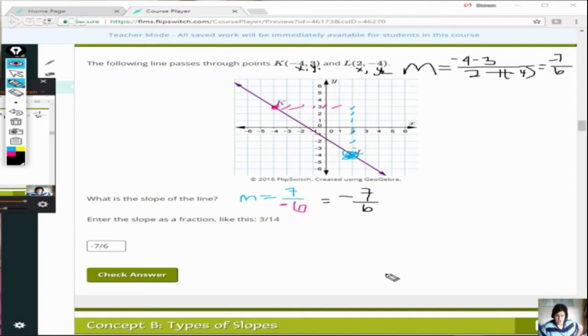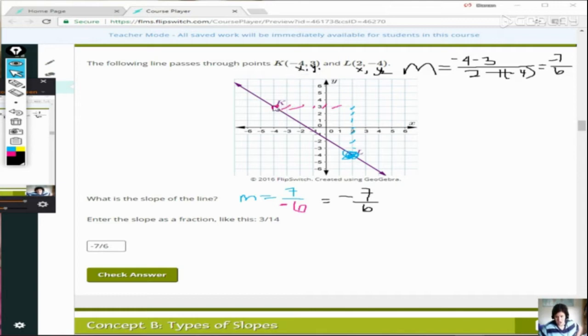A question that could be asked right now is, how come the negative sign was in the numerator this time instead of the denominator? And that has to do with what point I started with. So for this example, working it out algebraically, I started with K as my (x1, y1).